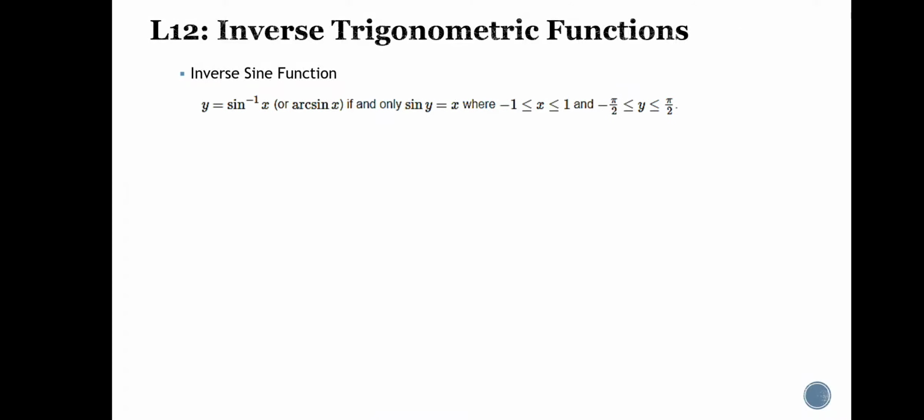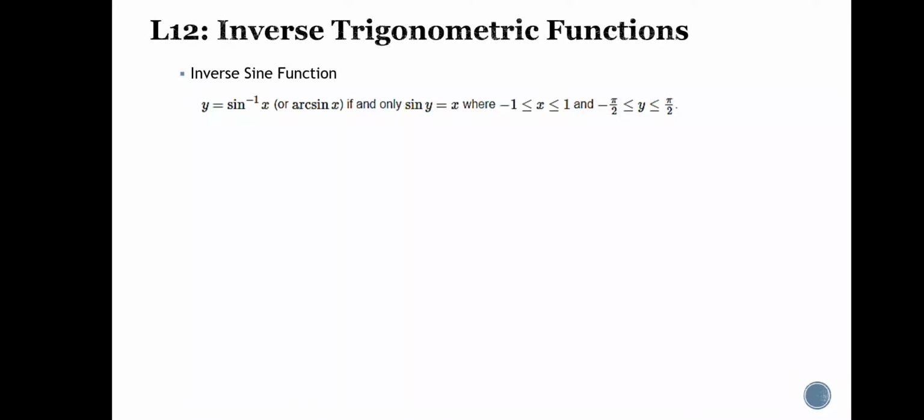So for the inverse sine function, we have y equals sine raised to negative 1 of x, or you read that as y equals arc sine x, if and only if sine y equals x, where x is from negative 1 to 1 and y is from negative pi over 2 to pi over 2.